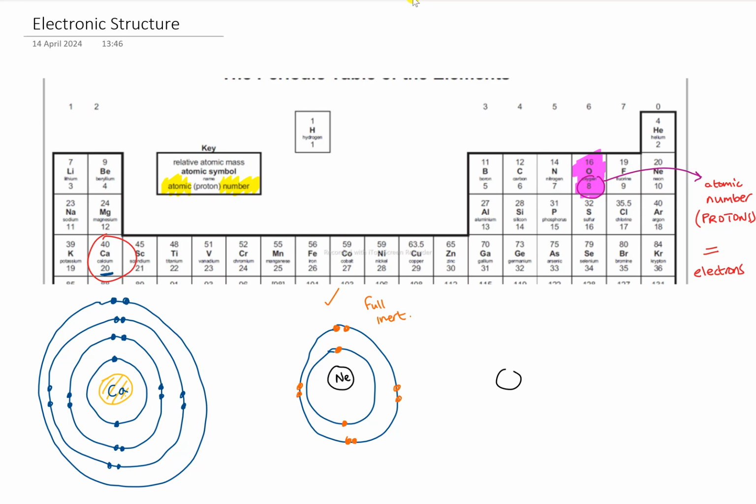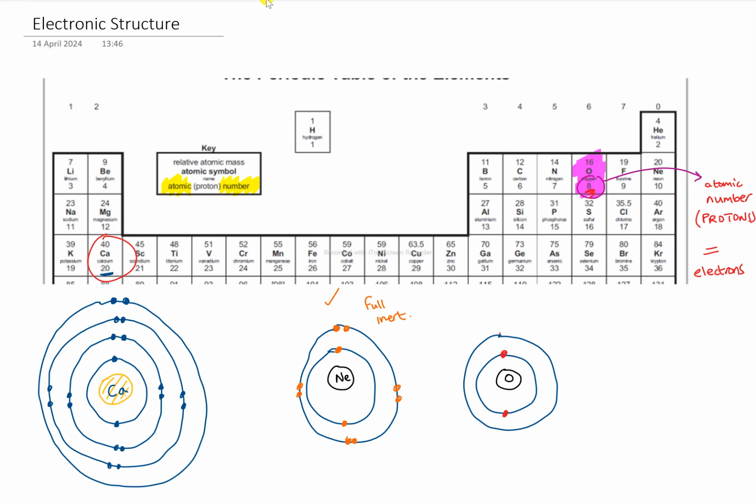So let's draw a little circle in the middle. We'll call that oxygen for O. Now, first electron shell. We've got 2 electrons on there. 1, 2. We need a total of 8. So we need 6 more. So we draw another shell. And now I need 6 electrons.